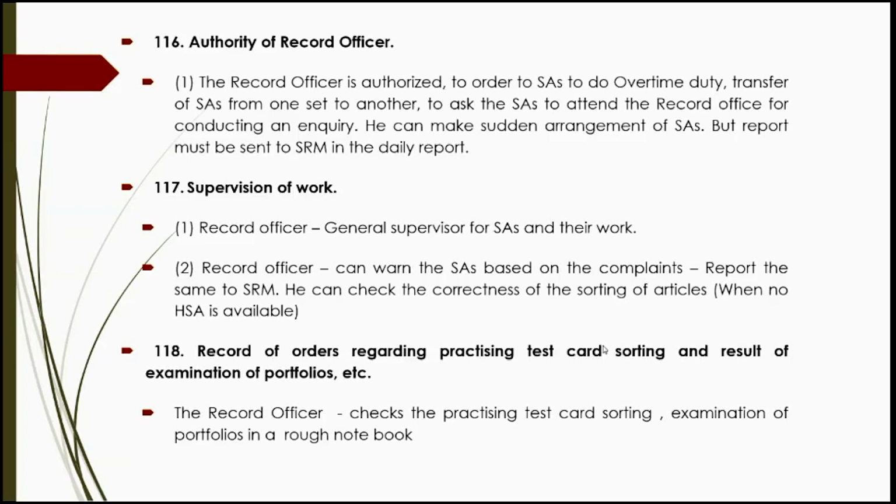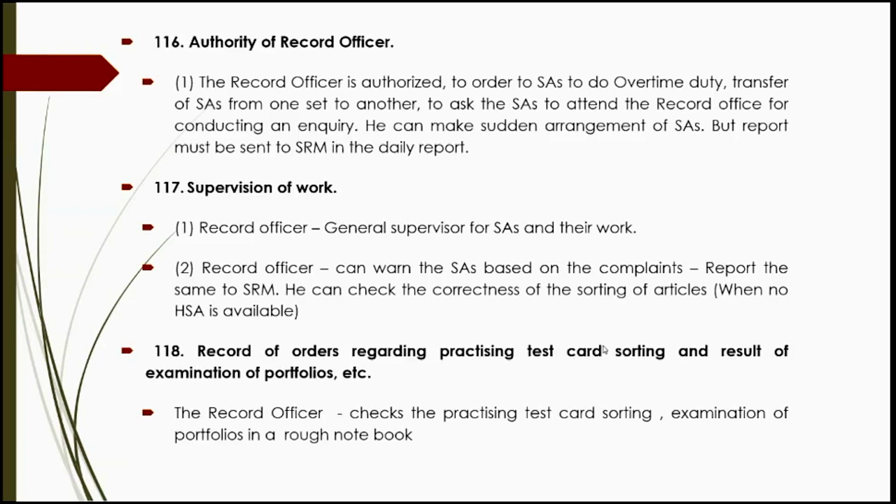They can also order a sorting assistant to attend an inquiry. Like if there is a shortage of sorting assistants, sudden arrangements can also be made. But whatever they are doing has to be reported to their superior, who is the superintendent. SRM needs to be aware of the authority exercised by the record officer.